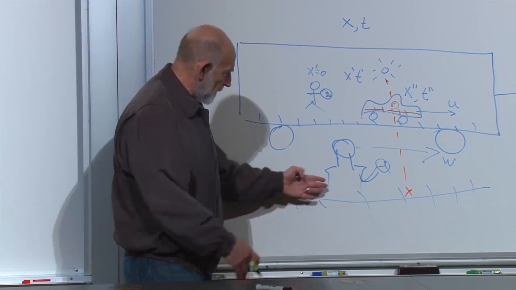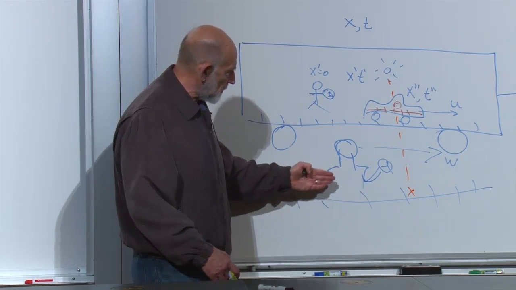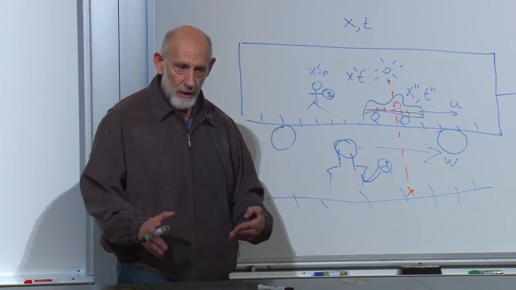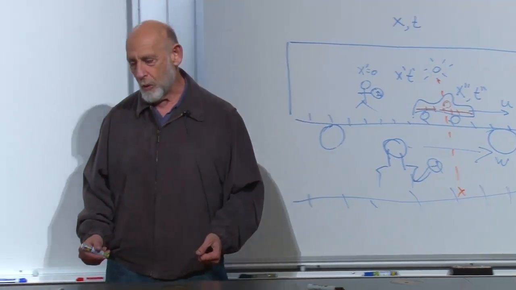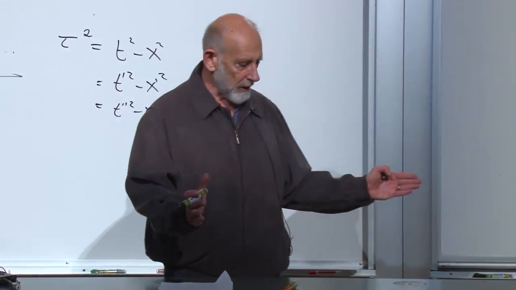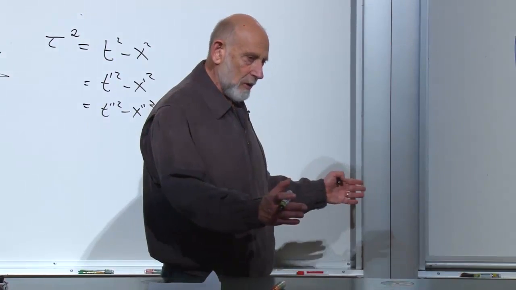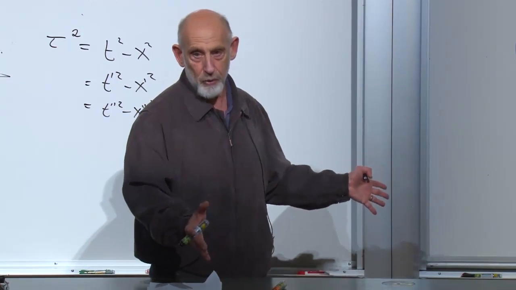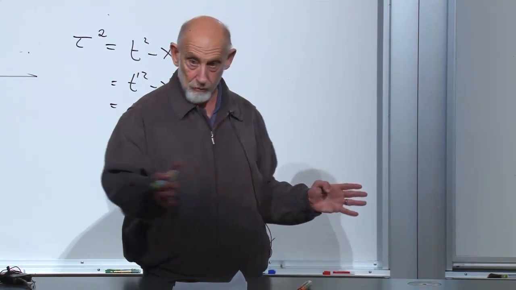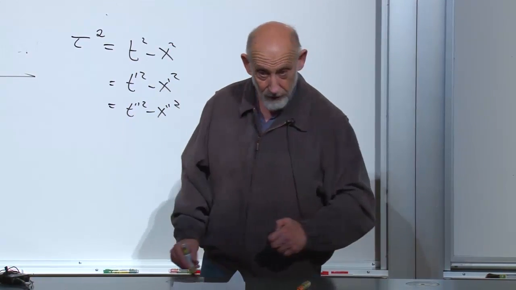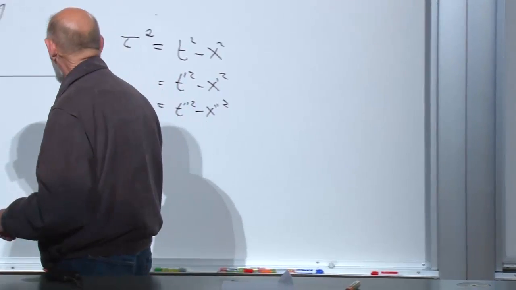Let's just talk about 2 different coordinate systems related by an ordinary rotation with respect to each other. So the stationary observer might have one coordinate system oriented along the xy axis and another one oriented along some x prime y prime axis, rotated or at an angle relative to the original ones.